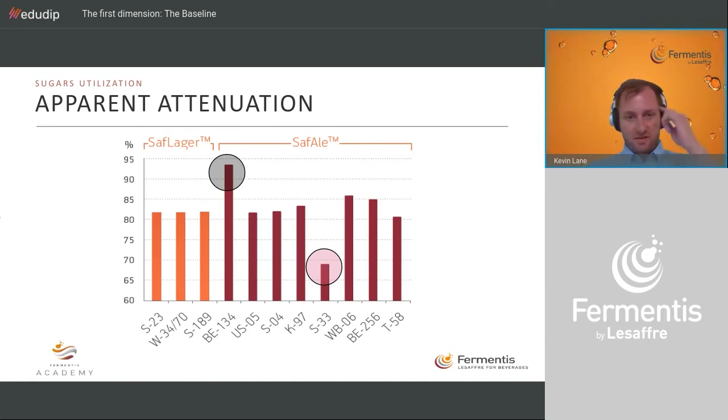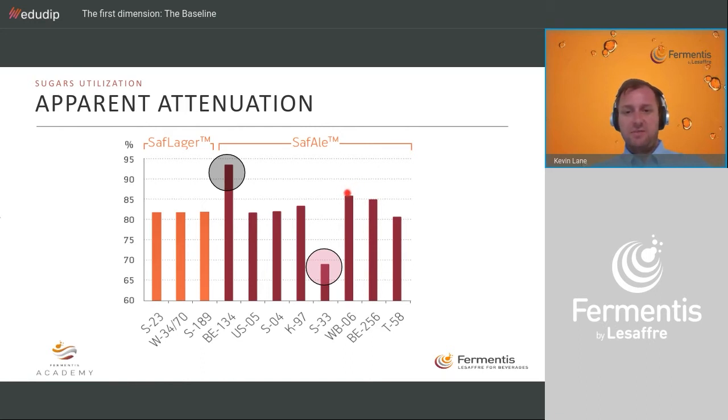Here, this apparent attenuation, which will be related, of course, to the residual sugar. In this study, we did have B134 included, so you do see it there. And here you can also see the difference between an aggressive diastaticus, B134, and a not so aggressive diastaticus, WB06.